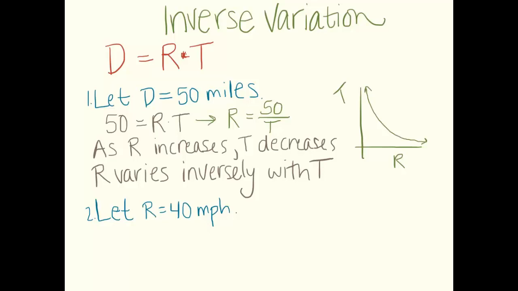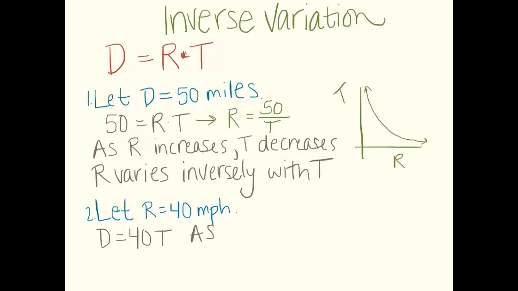How about scenario 2? Now let's let rate be 40 miles per hour. Let's let our rate be constant. So in other words, D is equal to 40T. Now I don't know my distance, but I know that no matter what I'm doing, we're driving 40 miles per hour. So let's think about the relationship between time and distance now. Instead of rate and time, let's think about distance and time.